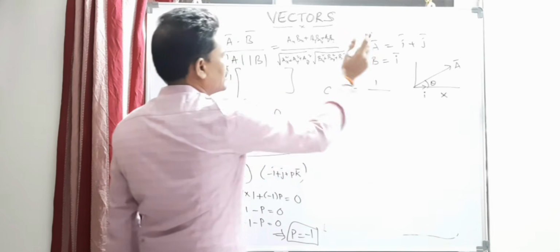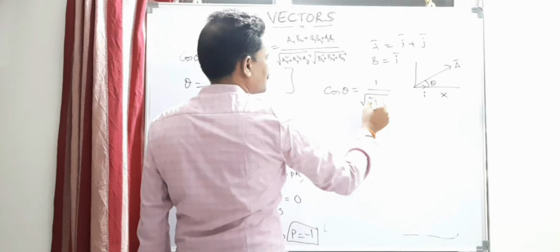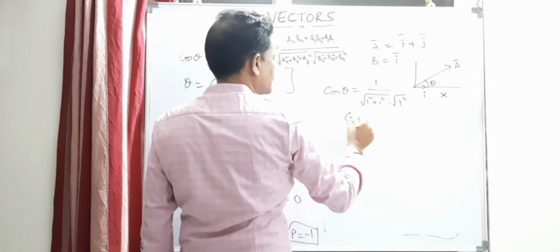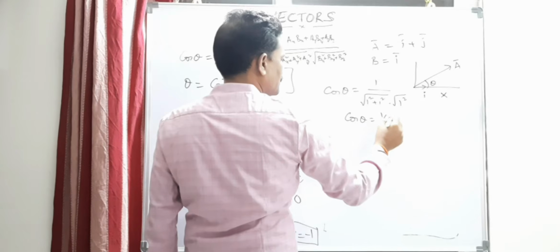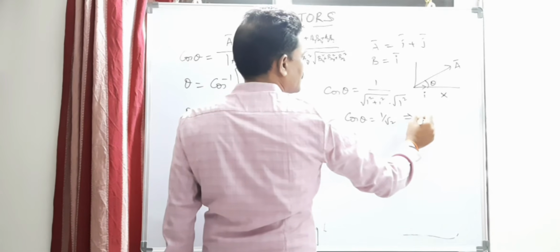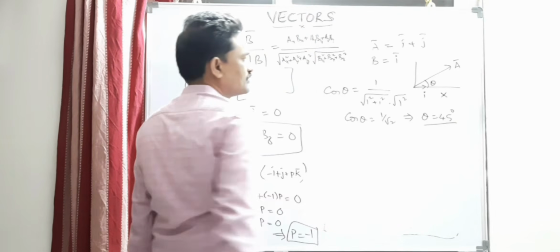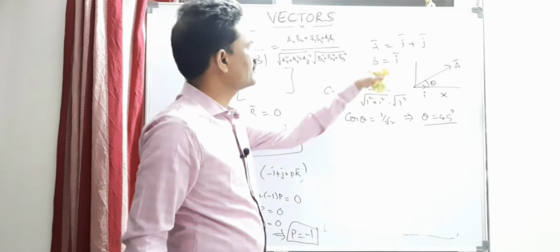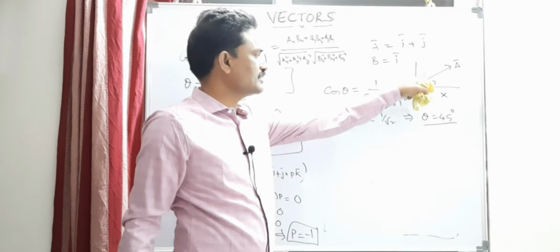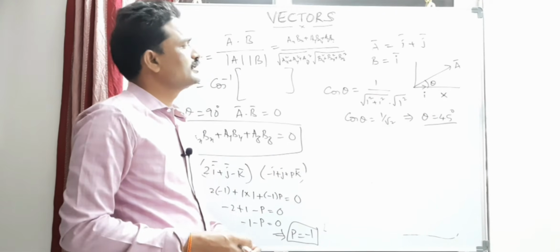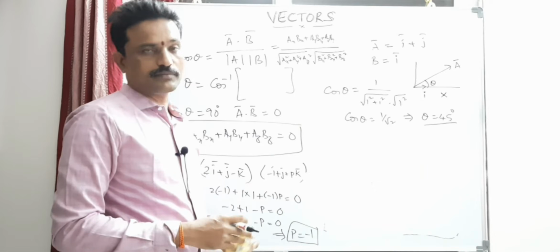Now mod a is root of 1 square plus 1 square, mod b is 1 square. So you will get cos theta is equal to 1 by root 2. From this you can write theta is equal to 45 degrees. Even in this way also you can find the angle between vector i plus j and the x-axis. But the first method is the simplest one. Even in this way also you can do the problem.